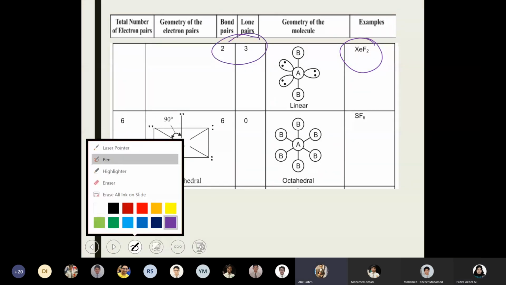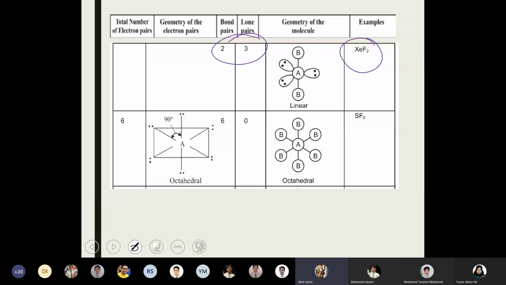The structure will be Xe in the middle, F on the left and right, one lone pair on top, and 1 and 2 lone pairs at the bottom places. The shape I'm not sure about. I think it will be linear, right?